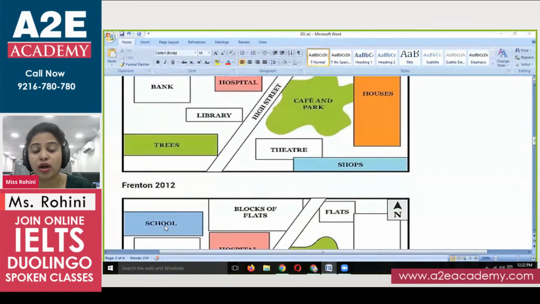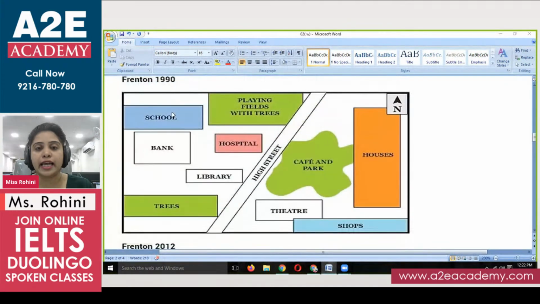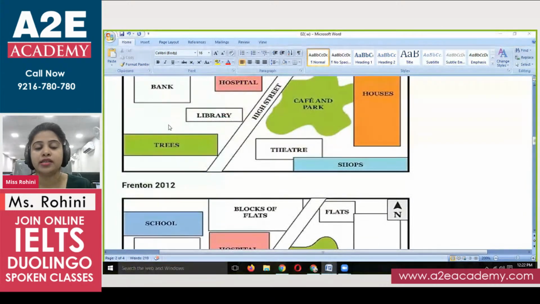Now I'm making a comparison, so just follow it. In year 1919 Frinton, there was a school, and it remained the same in year 2012.